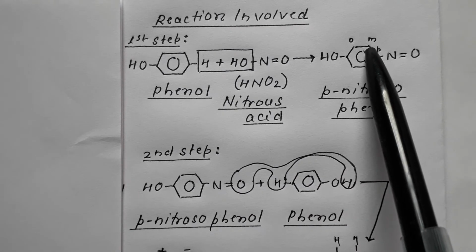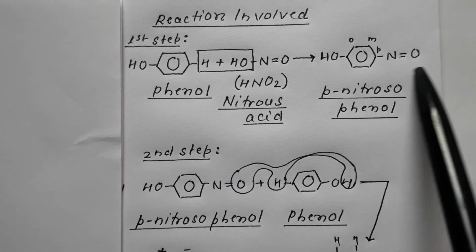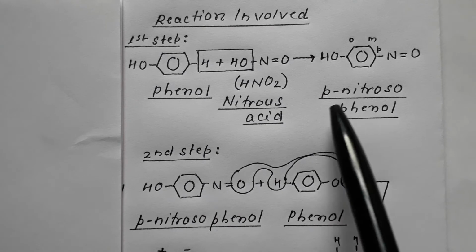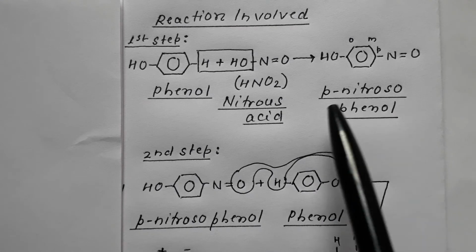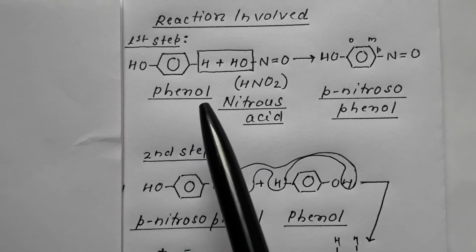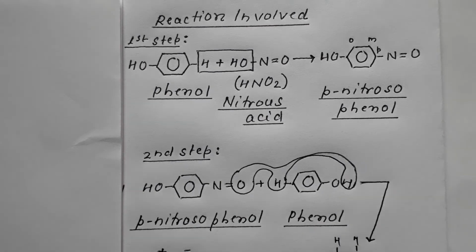The next is termed as meta position. The next one is termed as para position. So there is nitroso at para. Therefore, this compound is termed as para nitrosophenol. So in the first step, phenol converts into para nitrosophenol.